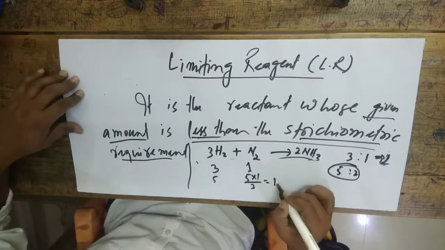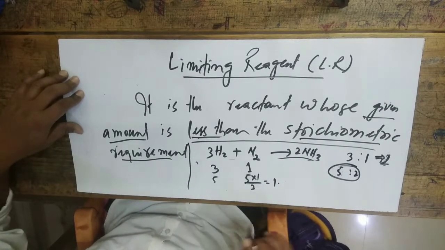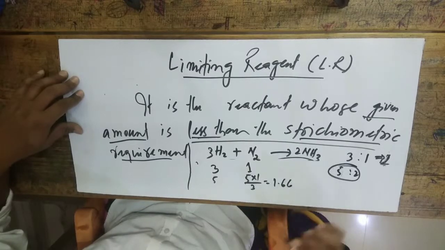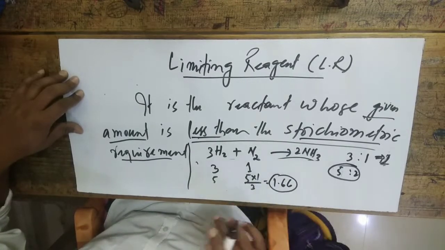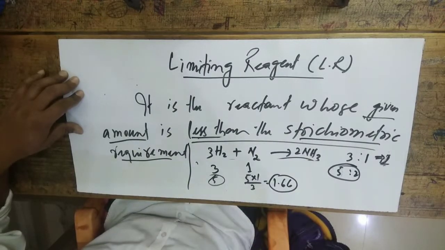That is 5 by 3, approximately 1.66. This is the mole of nitrogen required that will react with 5 mole of hydrogen.